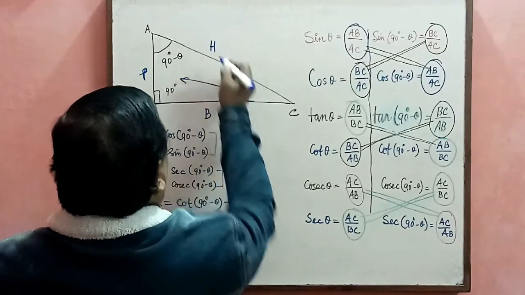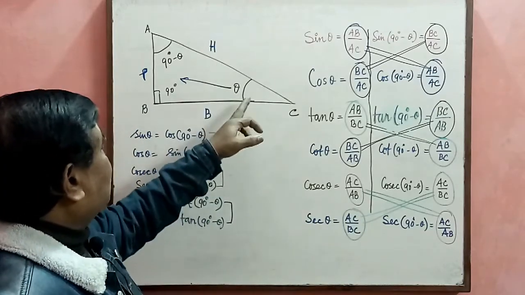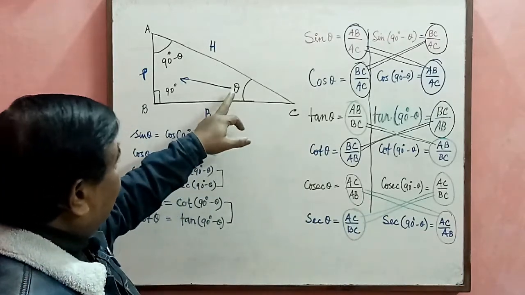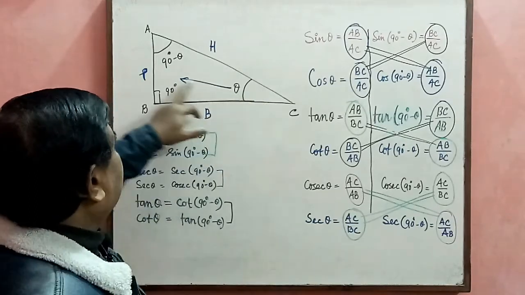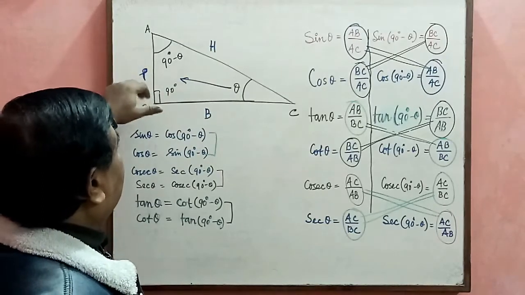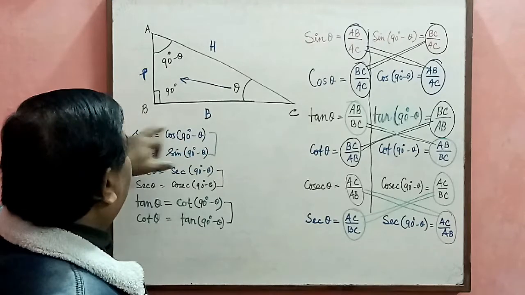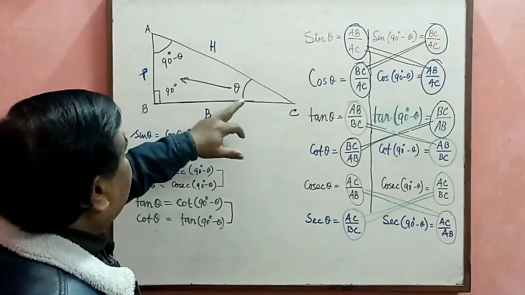This is the largest side of a right angle triangle. So if I am considering this theta at C, opposite to C is AB. This is perpendicular, because perpendicular and base vary from time to time, depending on the angle that we are considering.